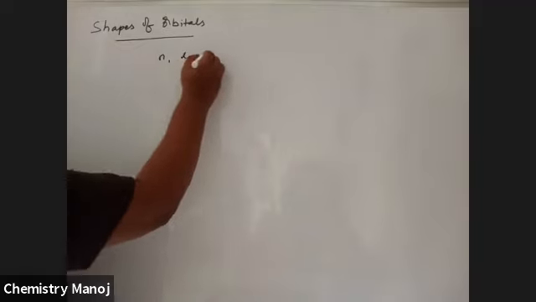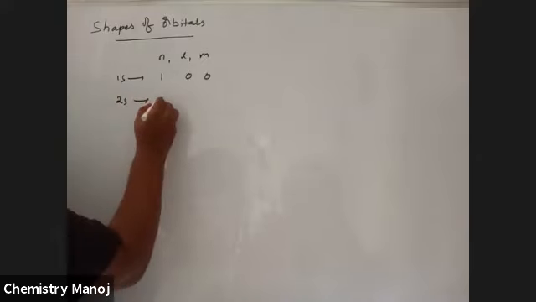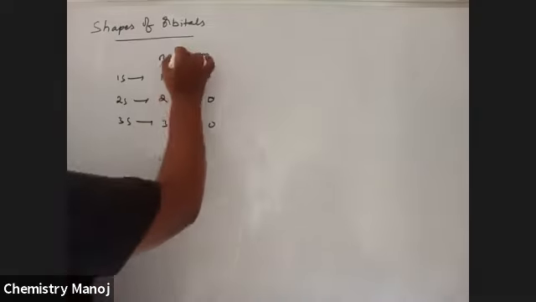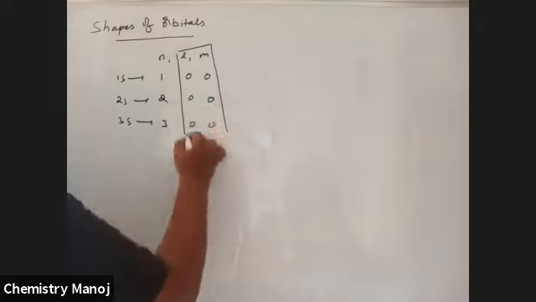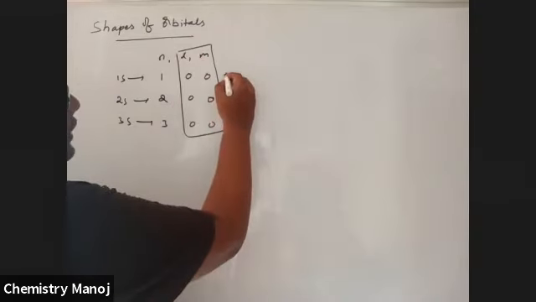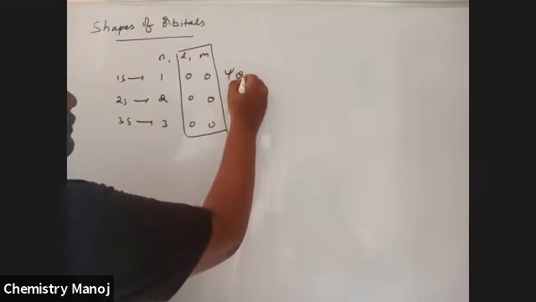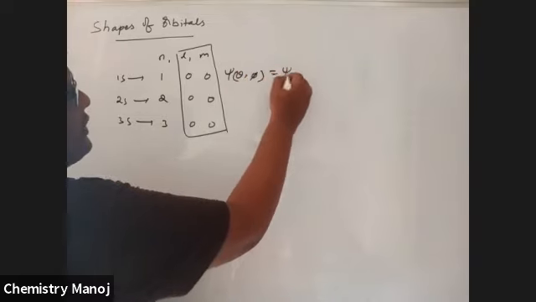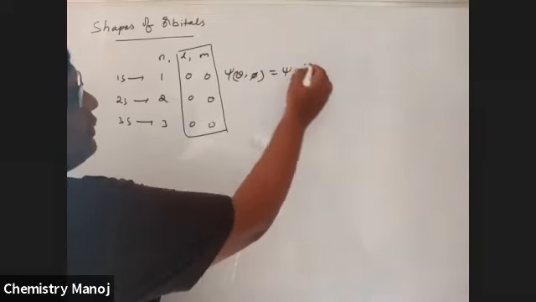N, L, M for the 1s orbital are 1, 0, 0 only. For the 2s orbital, 2, 0, 0 only. For the 3s orbital, 3, 0, 0 only. These are the different N, L, M values for different orbitals. So in all cases the L and M values are the same. That is why psi of theta, phi, that is psi L, M, is constant.